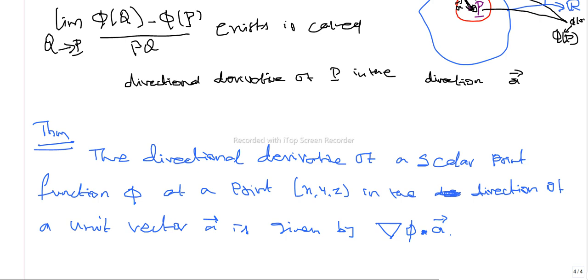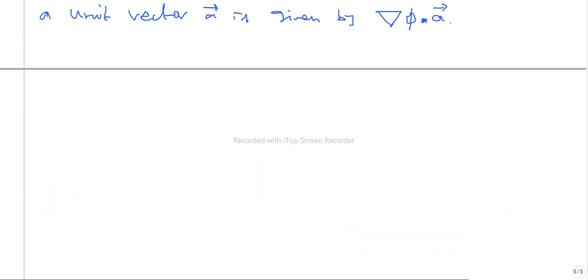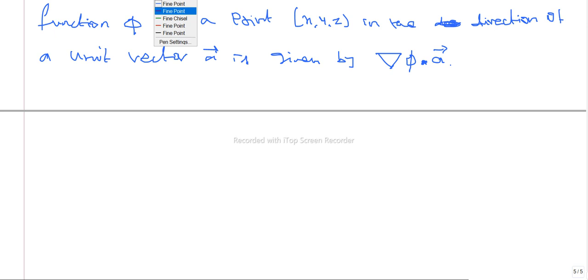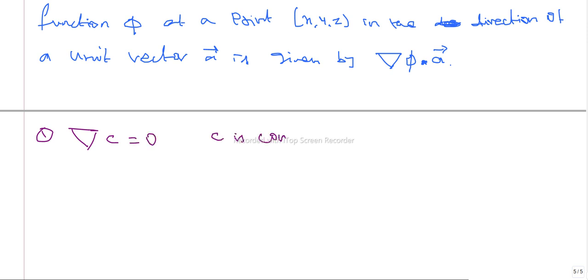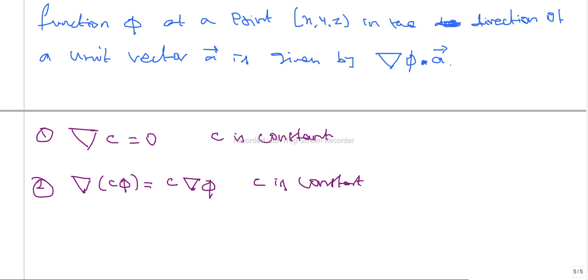Now this differential operator satisfies some properties. Maybe I will write some of them. If you operate del on c, where c is a constant, then del c is 0. And del of c times π, where π is a scalar point function and c is a constant, is c times del π.